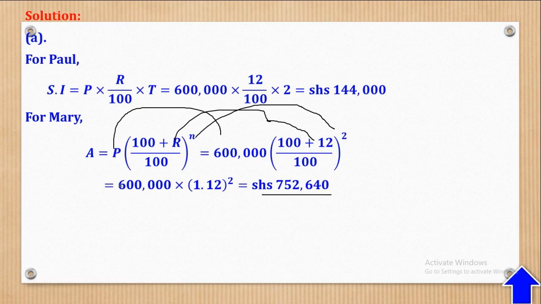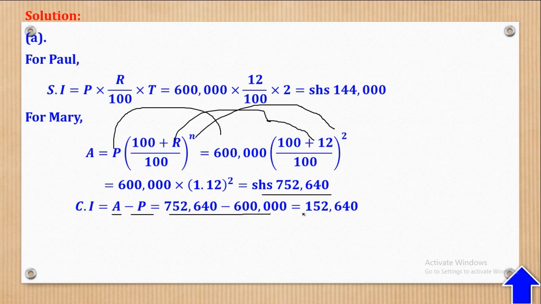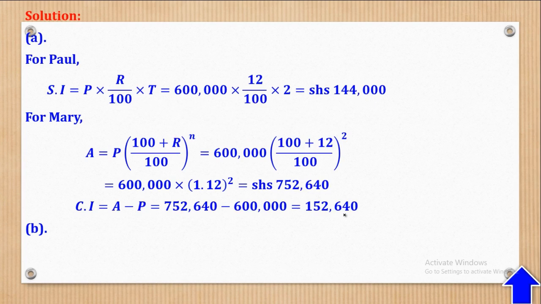So that is the amount, but remember they want interest, so I'll say compound interest is equal to amount minus principal. So when I subtract, I'll come up with shillings 152,640. So these are the interest earned by each of them. For Paul the interest was that, and for Mary the interest was that.